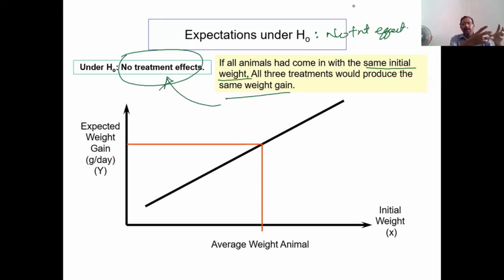If all 30 animals come with the same weight, this is just theoretical thinking, right? If all the 30 animals coming with the same weight, if all 3 treatments are producing the same results, we can come to a conclusion that there is no difference between the treatment effects. All feeds are giving the same weight gain. Am I right? Yes, that is what we are saying.